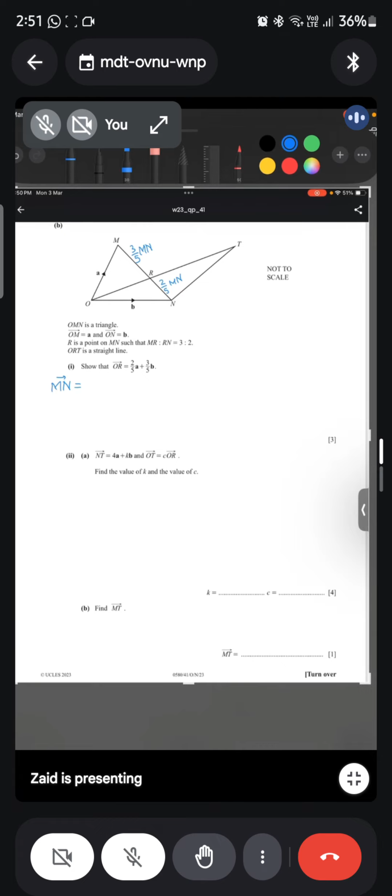Because OR is going to be a part of the 2 triangles. It either is OMR or ONR. For both of them, I need NR or like MR. So that is a part of MN. Make an expression for MN.